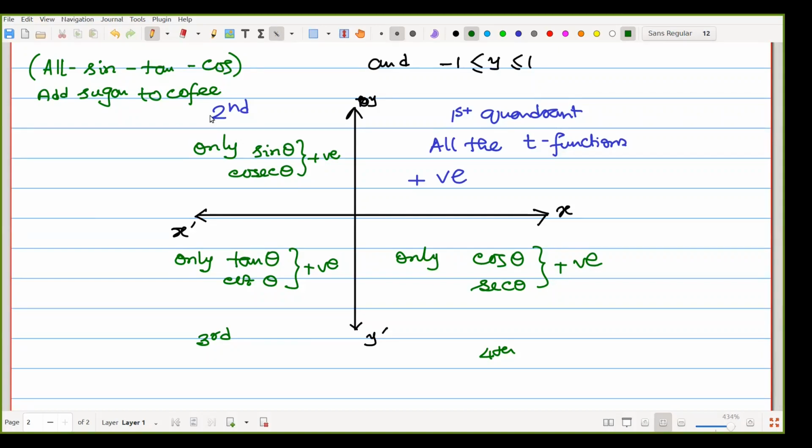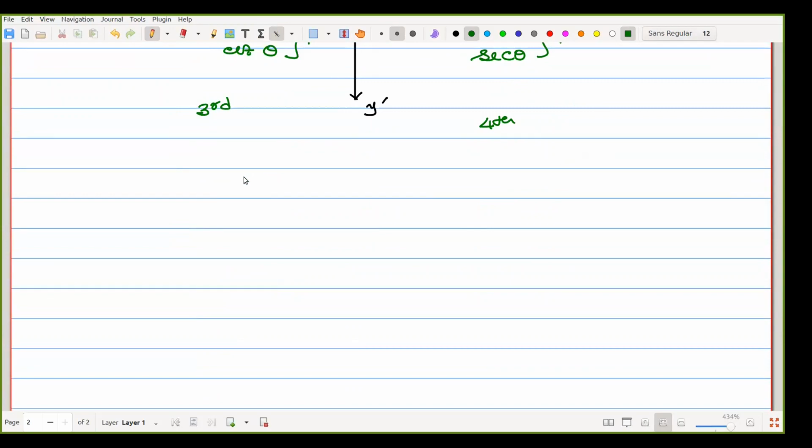From here, we can say another derivation. Like, you can remember from the last class also, sin theta means y, cos theta means x.